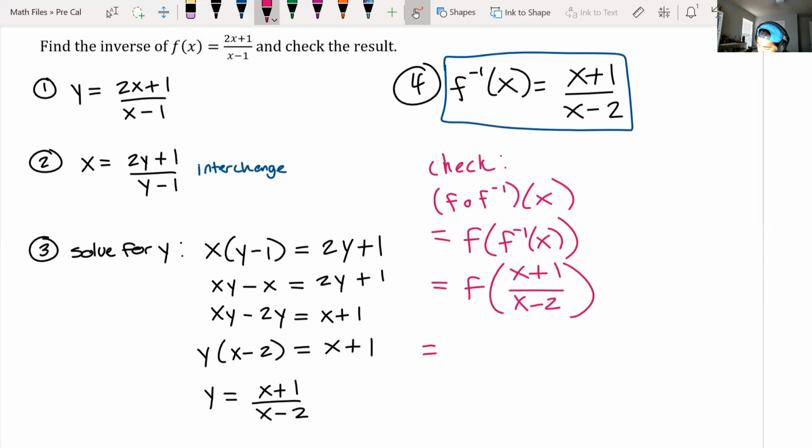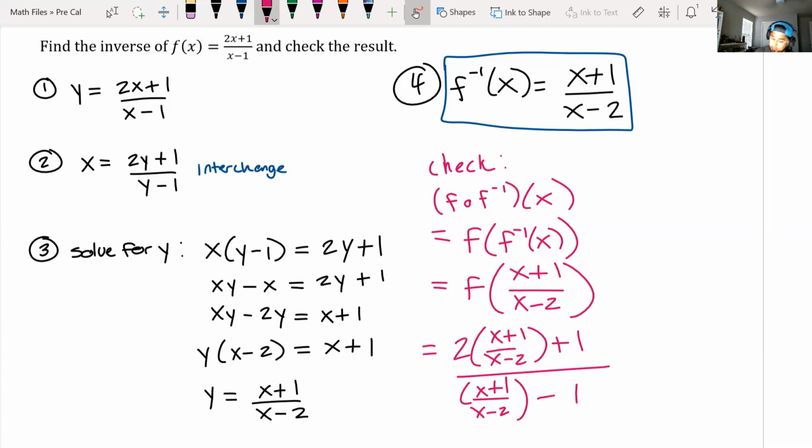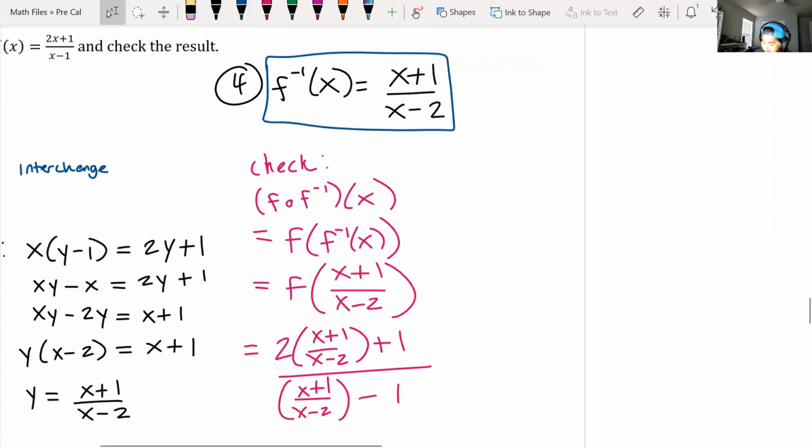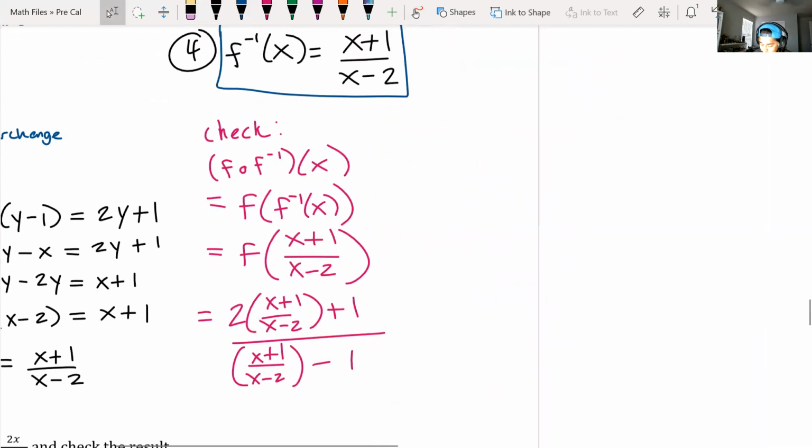So we get 2 times x plus 1 over x minus 2 plus 1 over x plus 1 over x minus 2 minus 1. And now simplify. Okay.